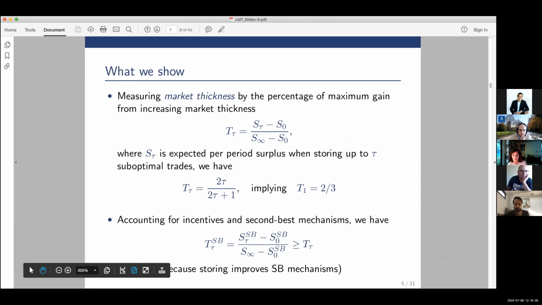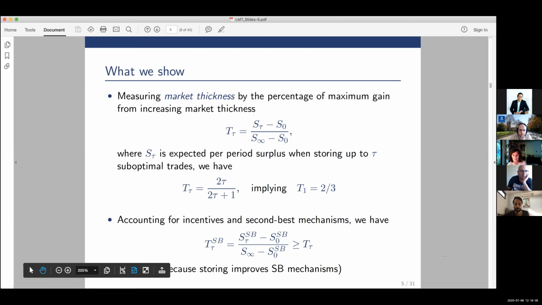And to give you an impression of what these values of delta, this big delta, mean, they're in the order of what you would have if you have continuously distributed types and uniform distributions. So that's sort of the ballpark number.